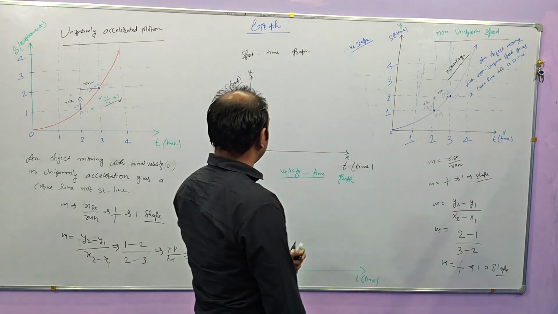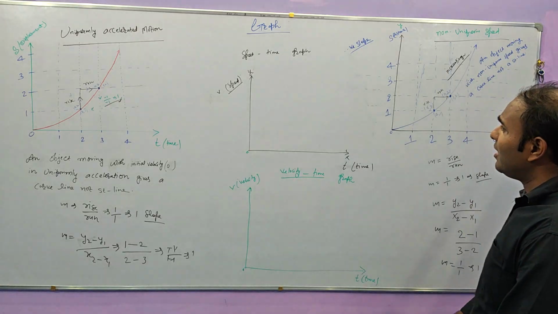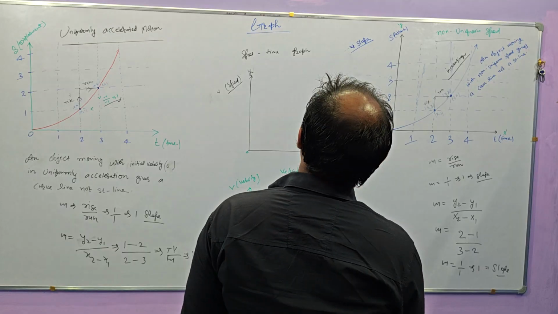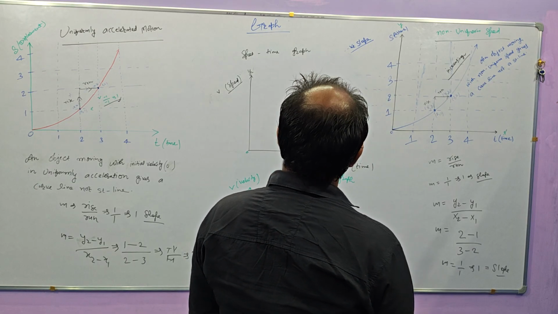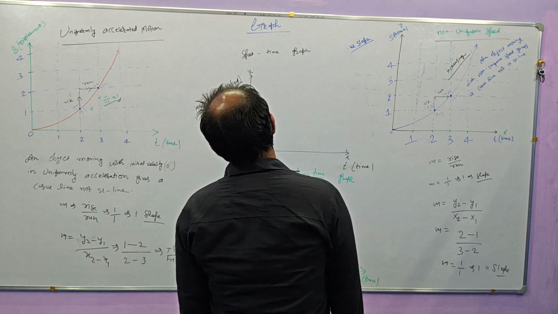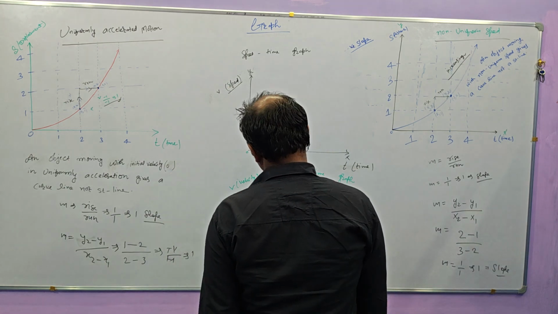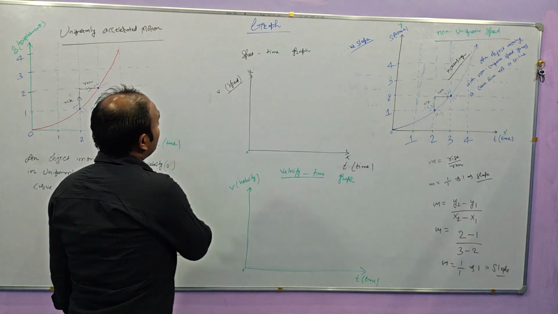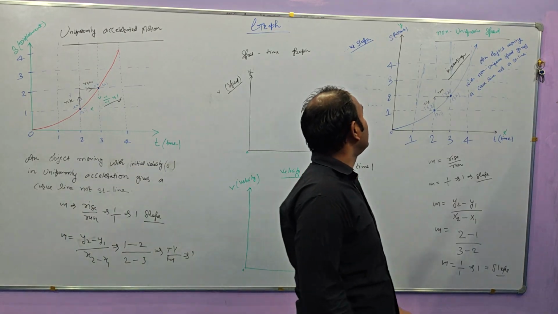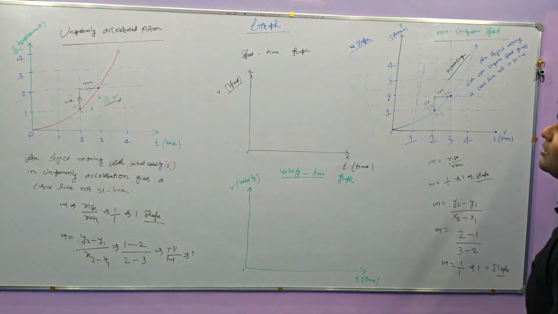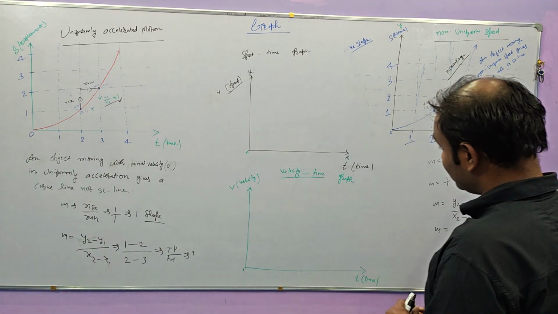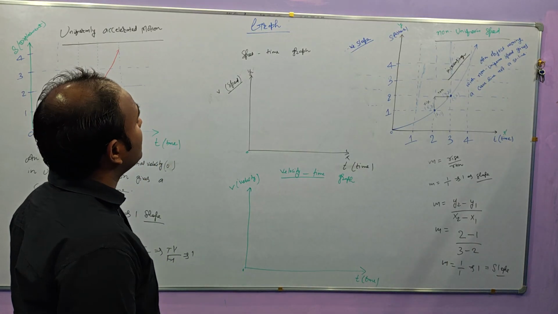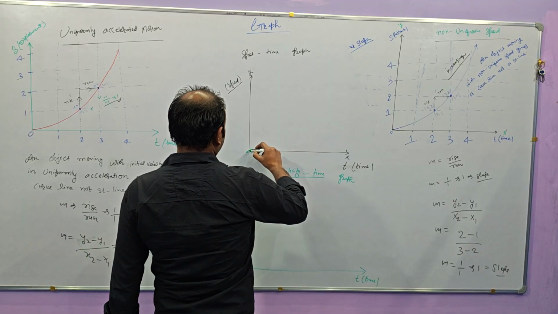So now, when an object moves with a uniform speed, there is no change in speed, and it also has initial velocity 0, then it definitely goes with a straight line.